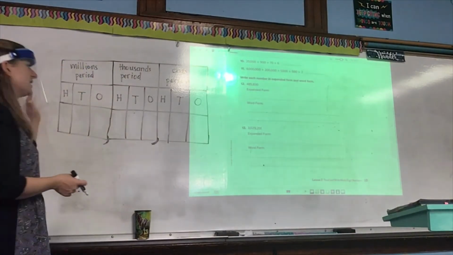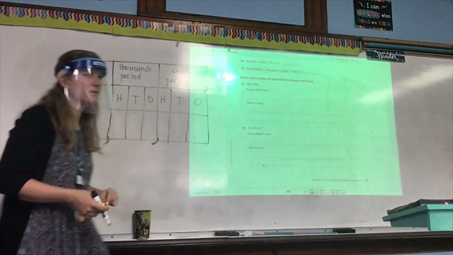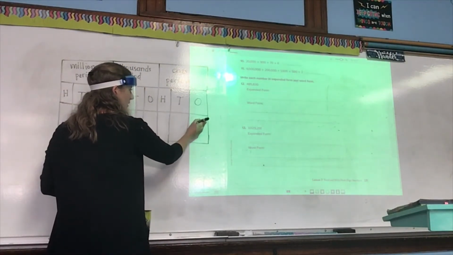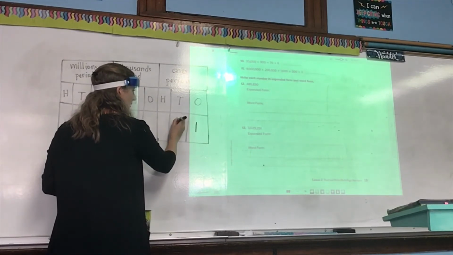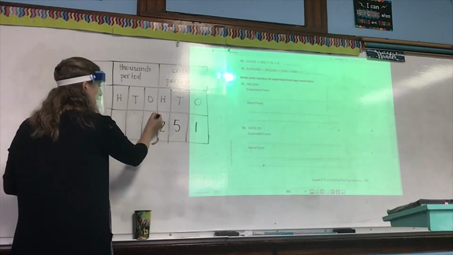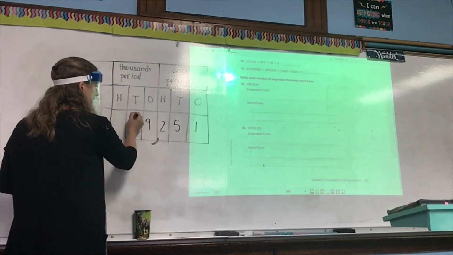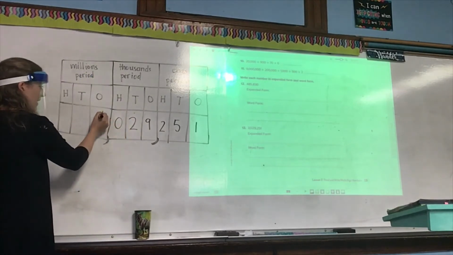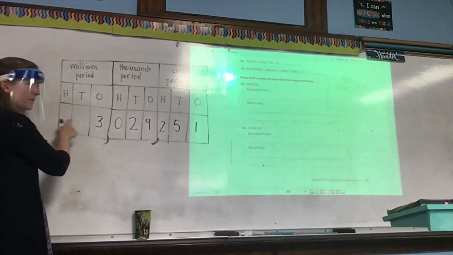Do we start on this side or do we start on this side? The right. So what digit goes first? Then we're in the next period and we put a comma, then we're in the next period, we put a comma. Do we need to put zeros here?